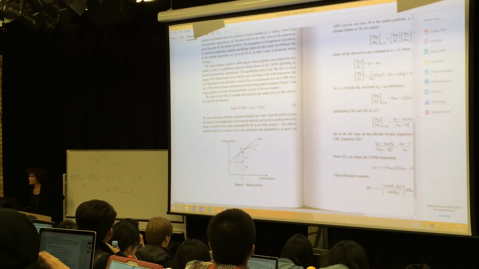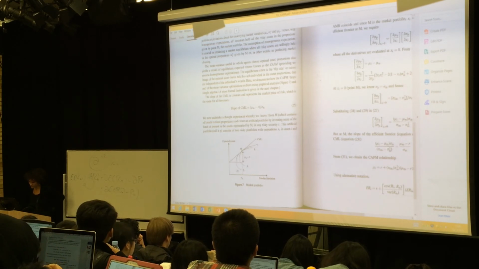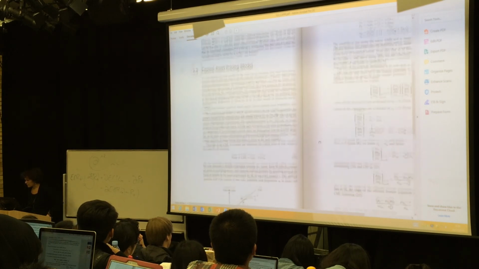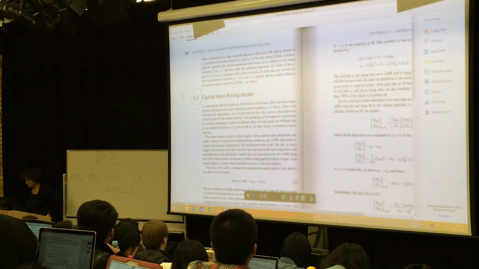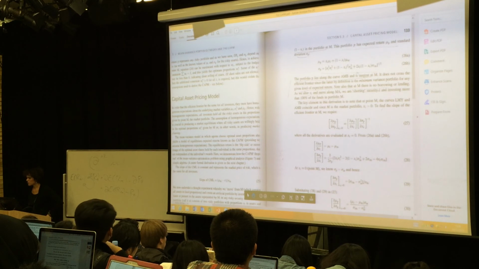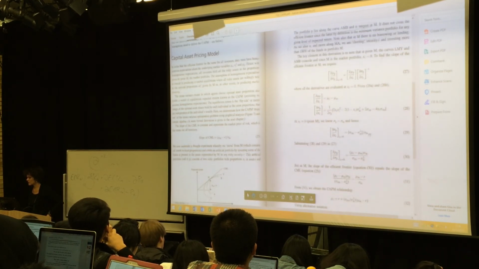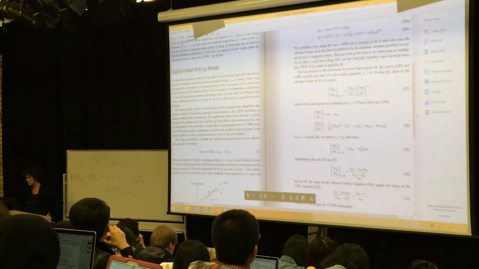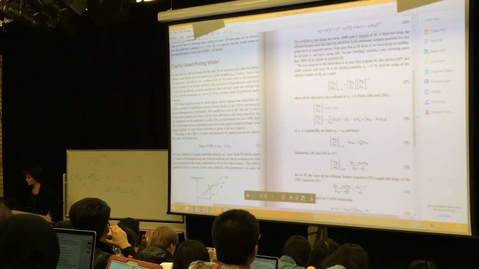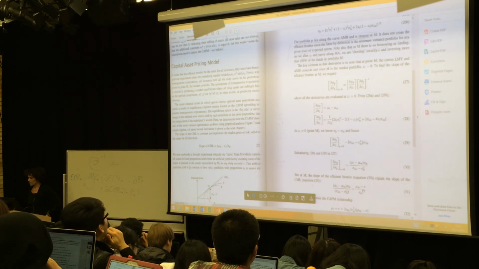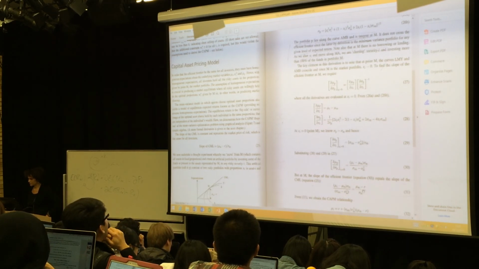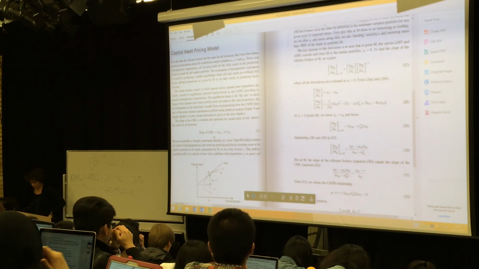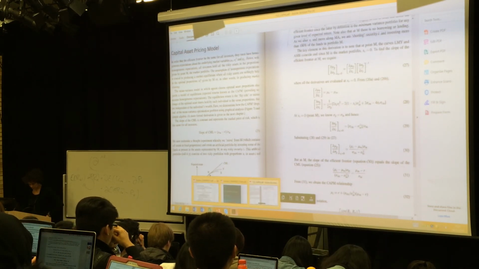Okay? This is the combination. Here you can also find more or less the logic is the same. Then you can find also in textbooks some sort of demonstration that is more or less the same as what we have done. So I suggest to stay with the slides, but here is how you arrive to define the same curve. So this is the intuition of the capital asset pricing model.